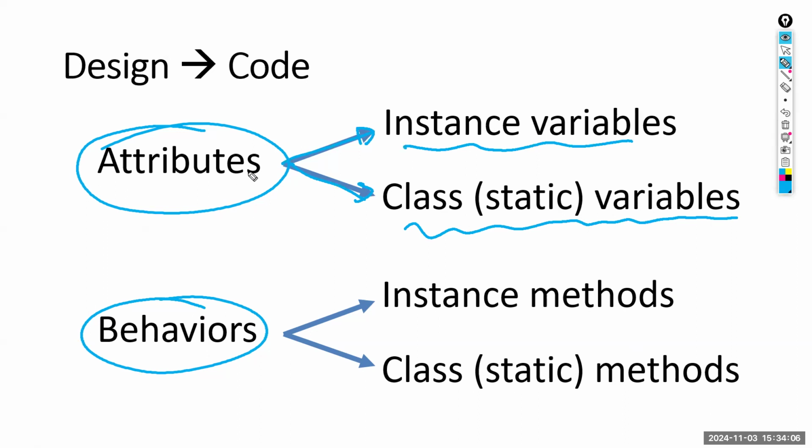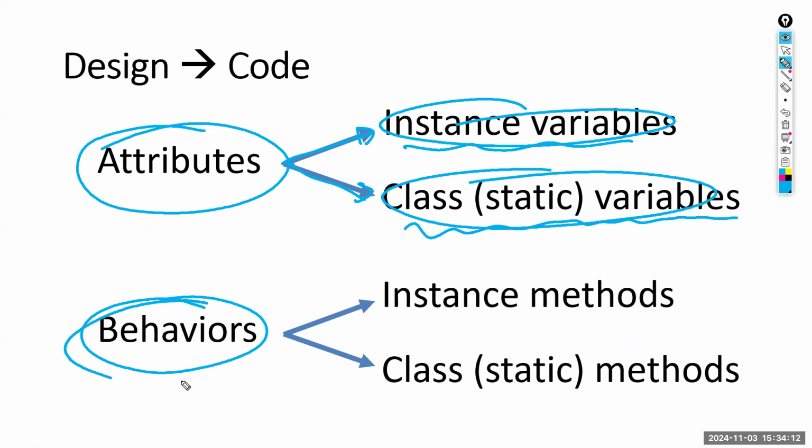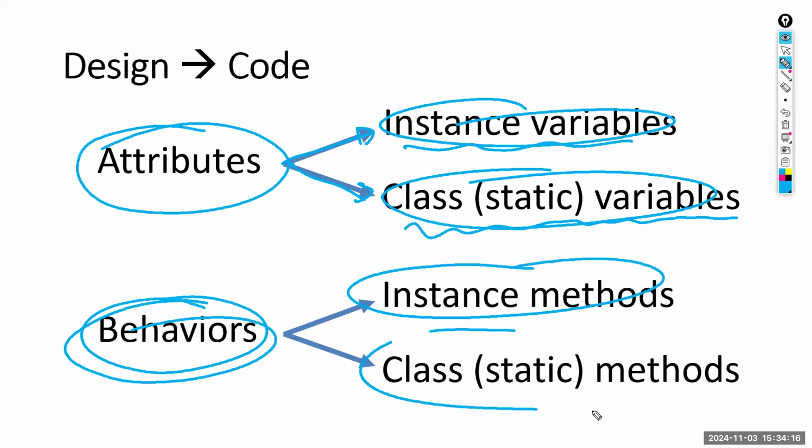All your attributes will end up as either instance variables or class variables. All your behaviors will end up as either instance methods or class methods. There's nothing else. Every behavior must be either an instance method or a class method.